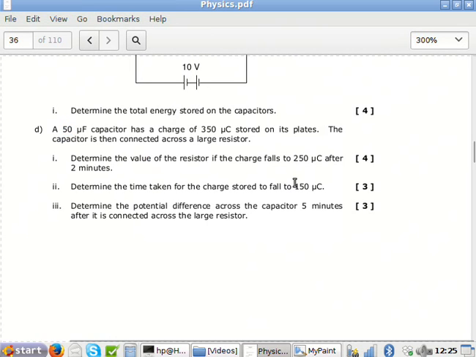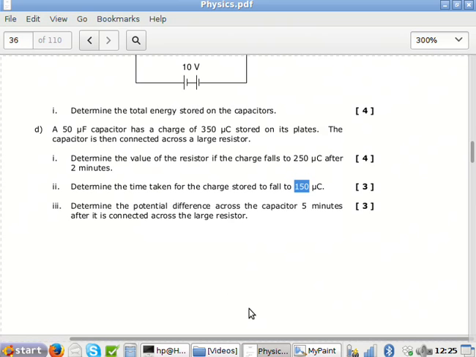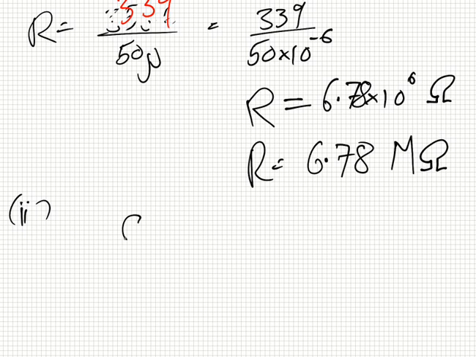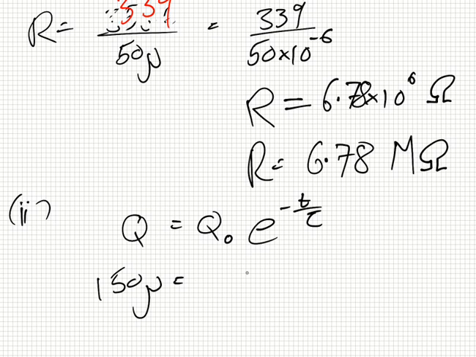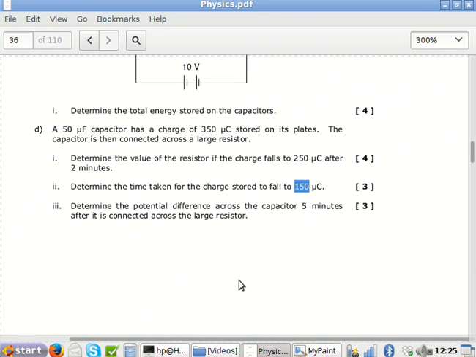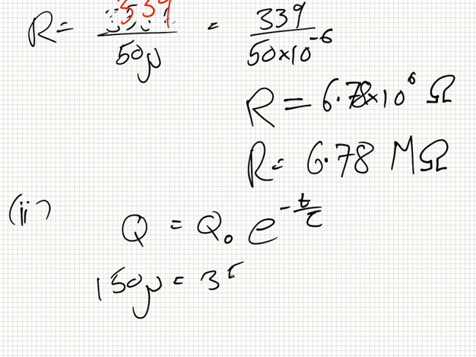This is the time to decrease from 350 to 250, not the time to go from 350 to 0. That t is the time to fully discharge.